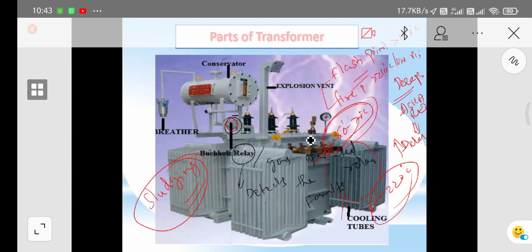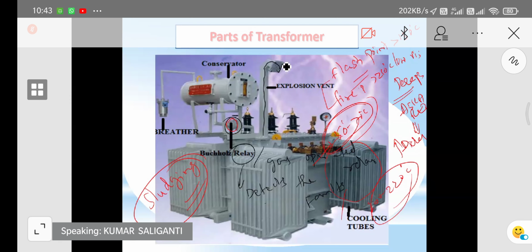So these are the main parts. There will be an explosion vent here. Air is not circulated throughout the transformer, so there will be an expansion vent.